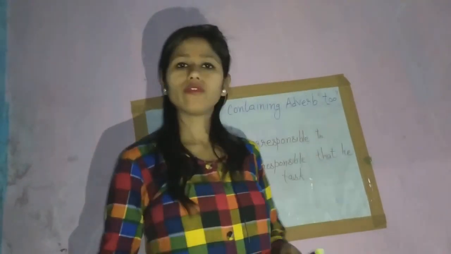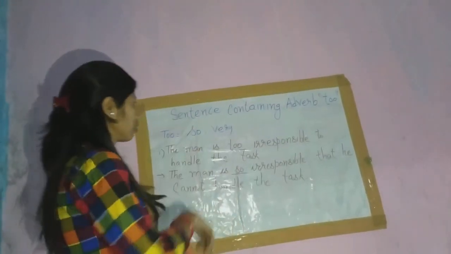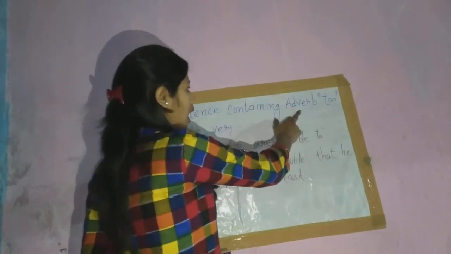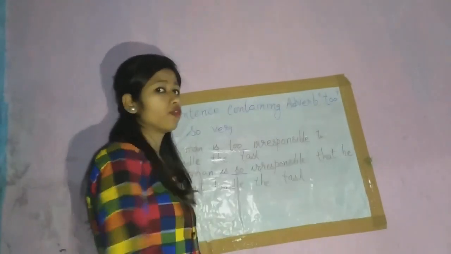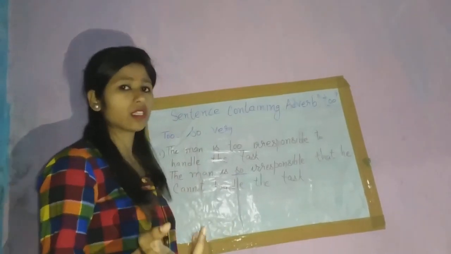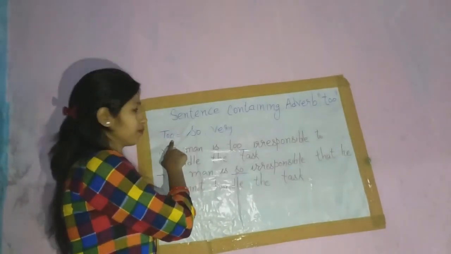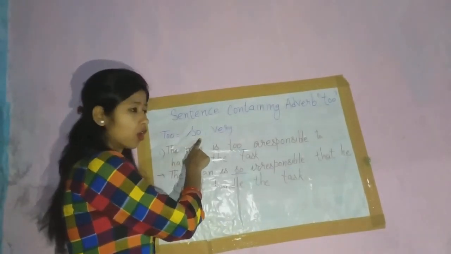Another type of interchanging the sentences is not only one kind of sentence to another kind, but there are sentences containing the adverb too. We have to replace too. So how can we replace it? We should understand what it means. Too means so or very.